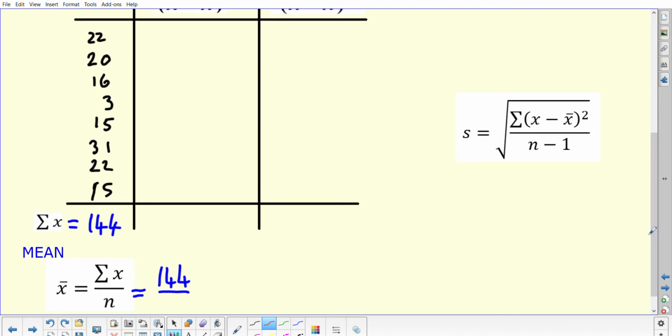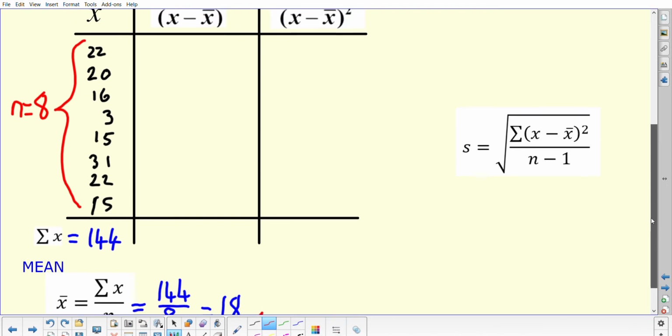If you count how many numbers were in the list, here we've got 8, so that tells us our n value is 8. So we are doing 144 divided by 8. You do that in the calculator and you will get 18. Now that is where the first mark is awarded in a standard deviation question.